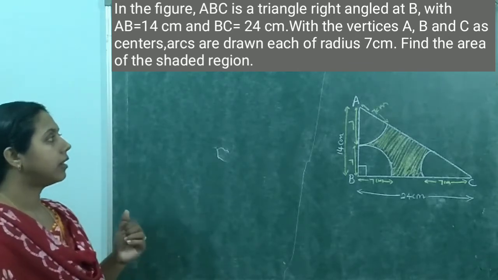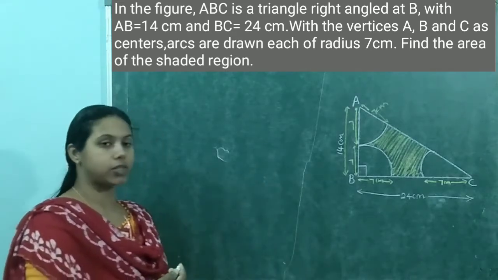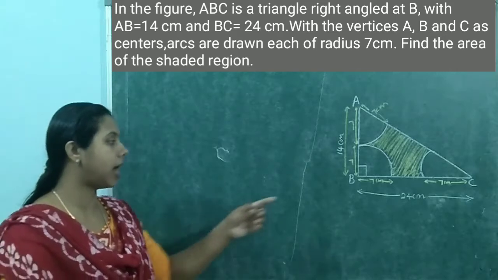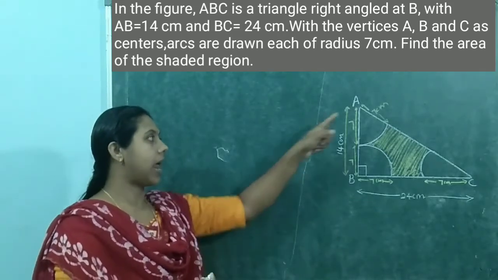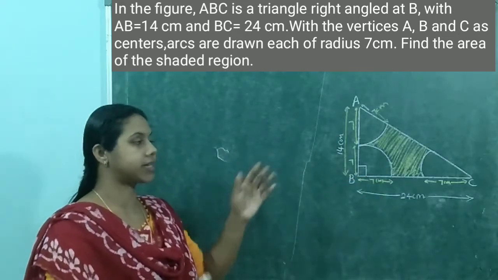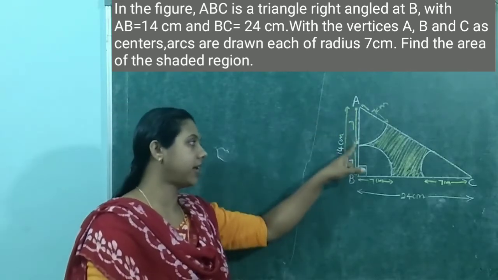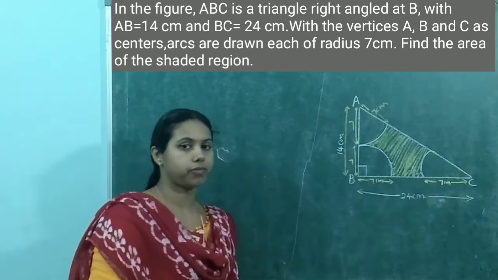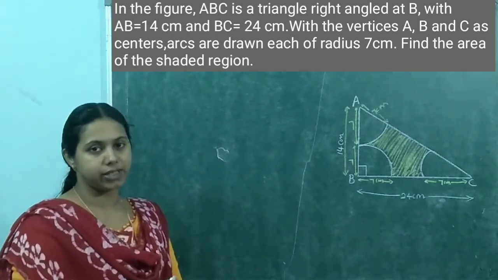In the figure, we can see that ABC is a triangle. The lengths of AB and BC are given. And with each corner A, B and C as centers, the arcs are drawn. So each arc has a radius of 7 centimeter. You want to find the area of the shaded region.